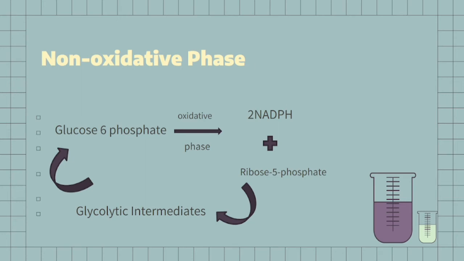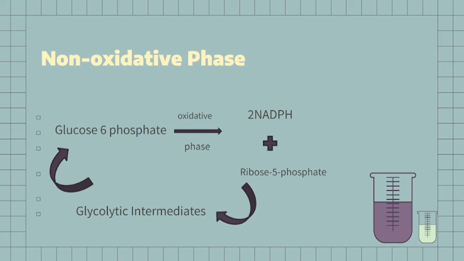So when the cell needs NADPH much more than it needs ribose 5 phosphate, we undergo the non-oxidative phase of the pentose phosphate pathway to help us generate even more NADPH molecules.